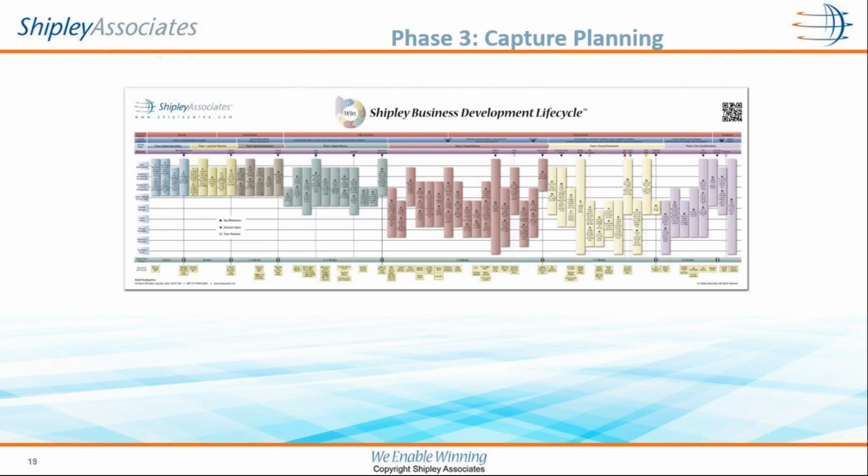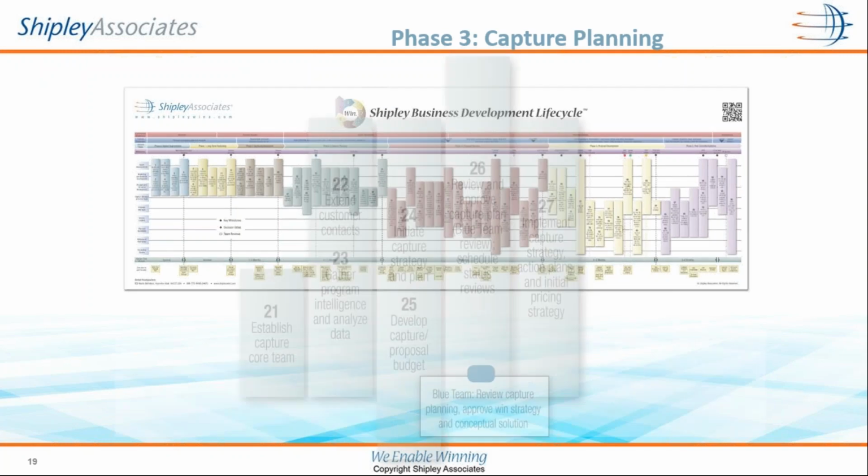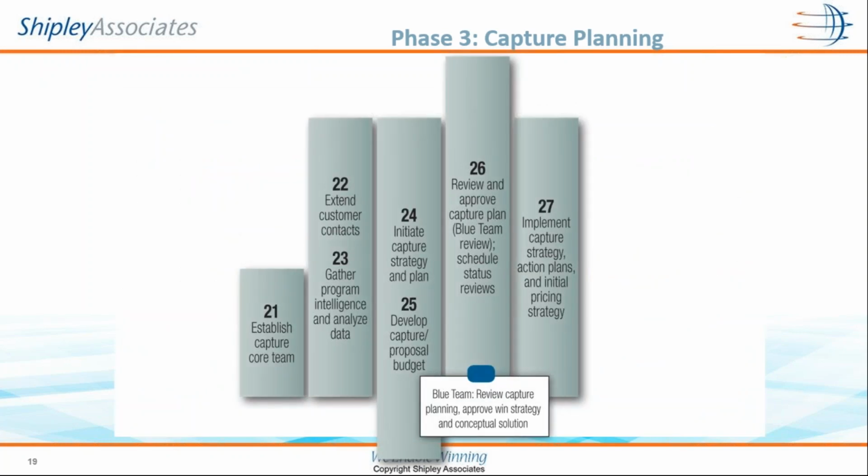All right, let's move to the next phase, phase 3. We've identified opportunities, we've pre-qualified or qualified opportunities. Now we're into the capture planning phase, the opportunity planning phase. How are we going to go about winning this? Keep in mind, this all might be condensed.